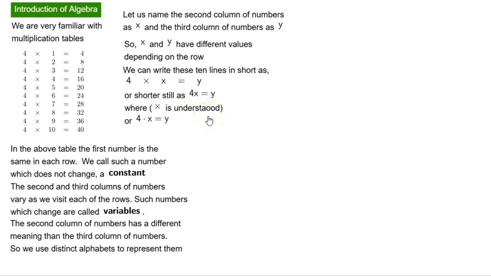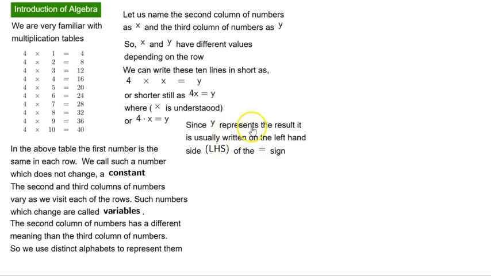Or to make it explicit, we can also write it as 4 dot x equal to y, where dot also means the multiplication sign. Since y represents the result, it is usually written on the left hand side of the equal to sign. So we would normally write it as y is equal to 4 times x, or y is equal to 4 dot x, or y is equal to 4x.